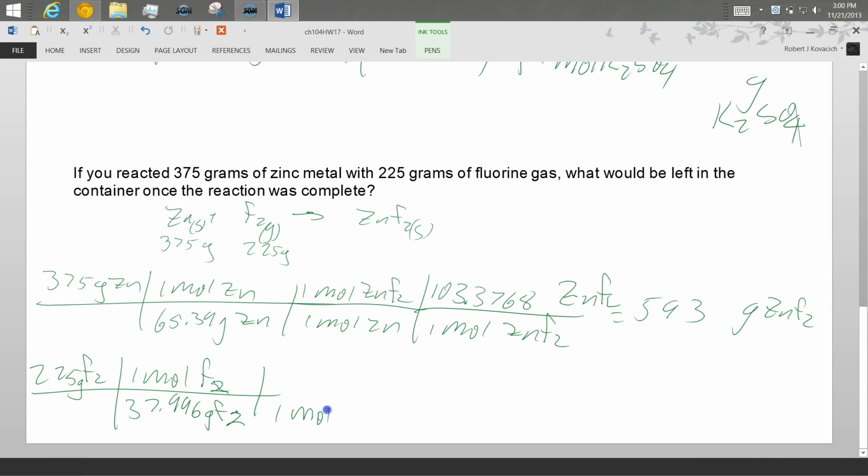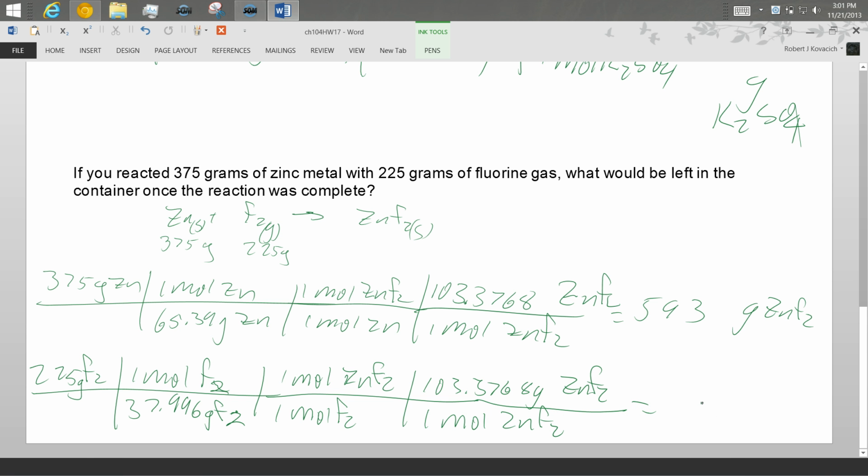And for every 1 mole of fluorine, 1 mole of ZnF2. And then for 103.3768 grams of ZnF2, 1 mole ZnF2. And so 225 divided by that times 103.3768. 612 grams.